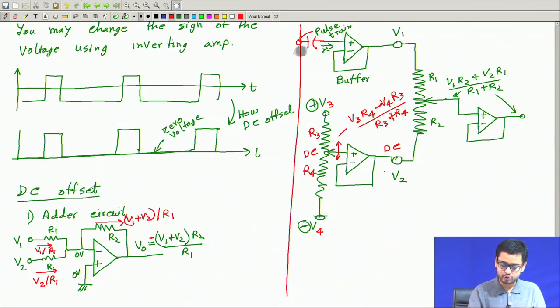So, if we want to remove the DC component that it has, that can be removed with this capacitor, and then with this arrangement we can add the desired amount of DC. So, any DC part that the original signal has will be gone, and the new DC part, which I can control how much I want to add, will be added. So, this is like a DC remover.